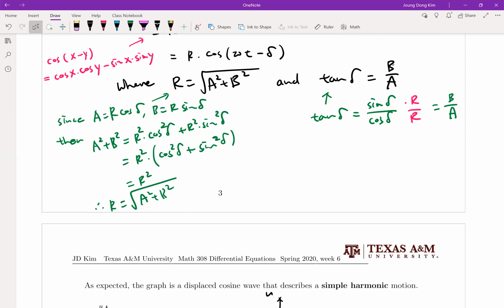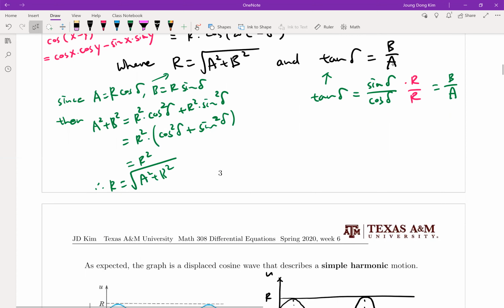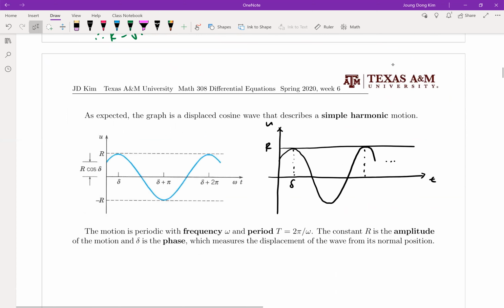We were here, and since we found the cosine function form, now we can draw the graph of your oscillation motion, right? Let me rewrite my general solution: R cosine of omega t minus delta.